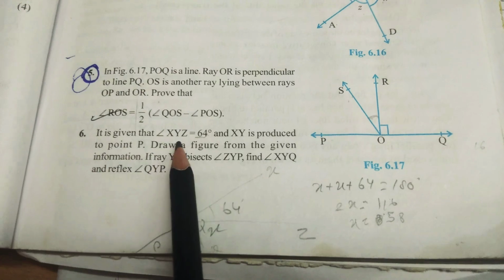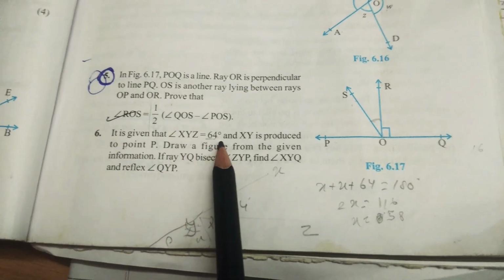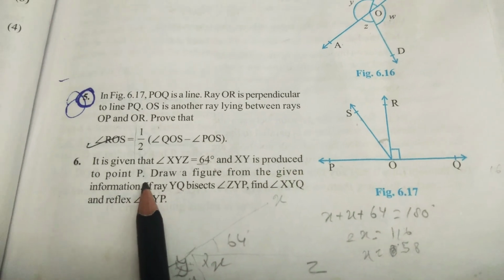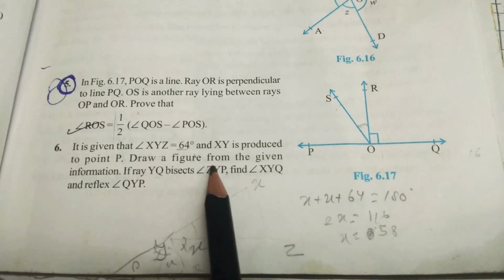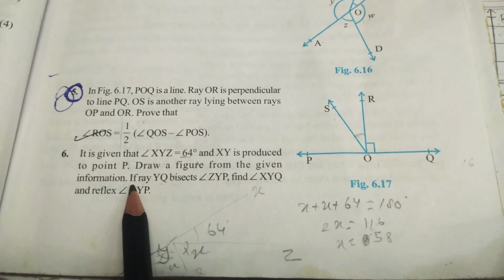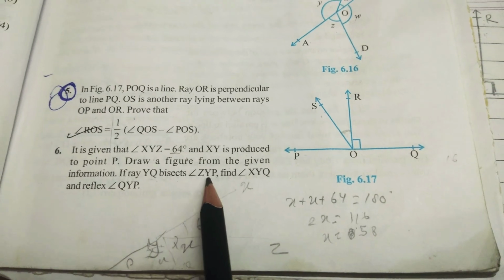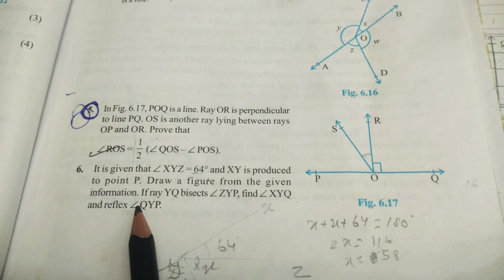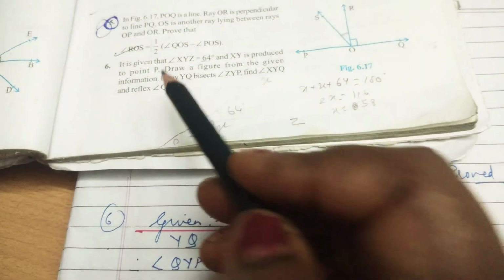It is given that angle XYZ equals 64 degrees and XY is produced to point P. Draw a figure from the given information. If ray YQ bisects angle ZYP, find angle XYQ and reflex angle QYP.